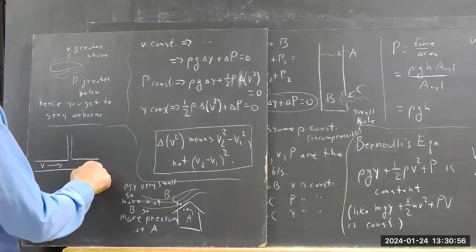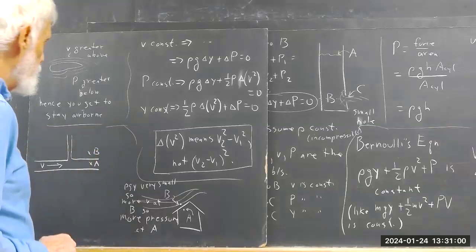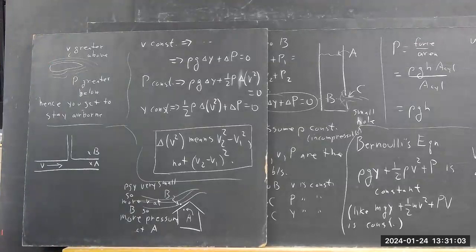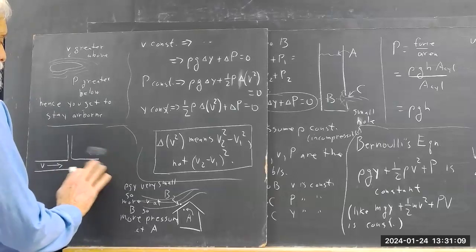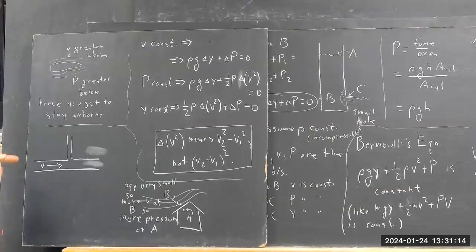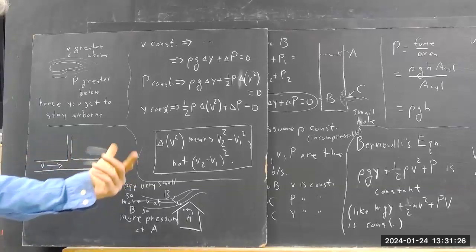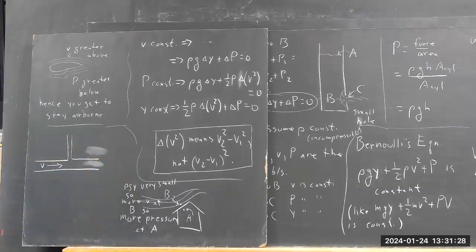Okay, let's start with point A. If you increase the velocity in the pipe, what happens to the pressure in the pipe? It goes down, right? The faster the water flows in the pipe, the greater the pressure. I mean, the less the pressure.